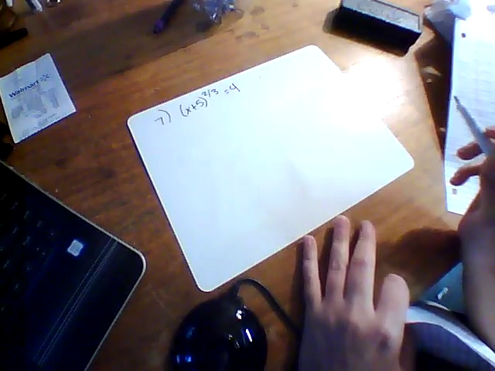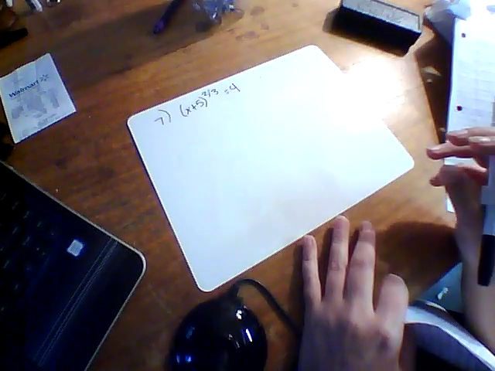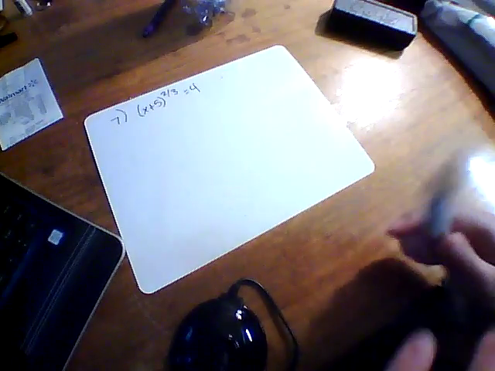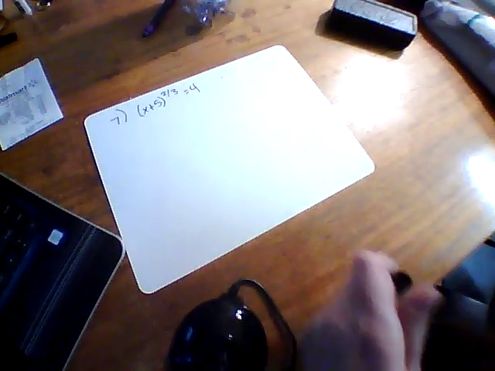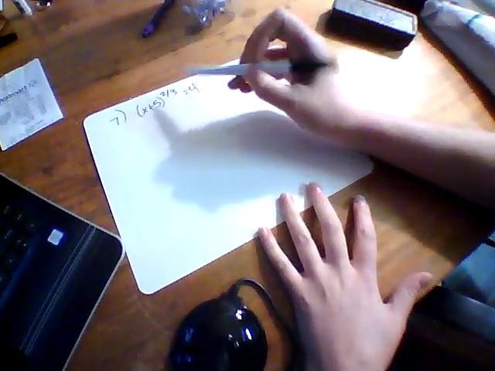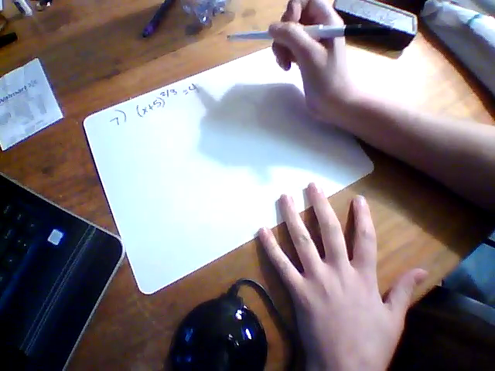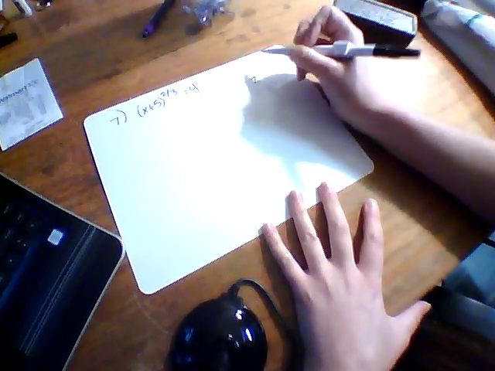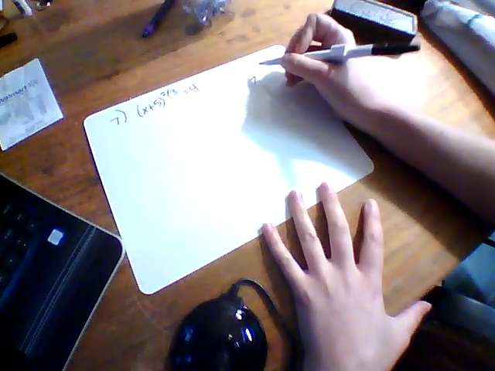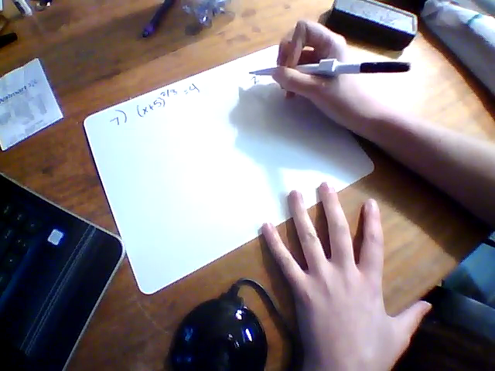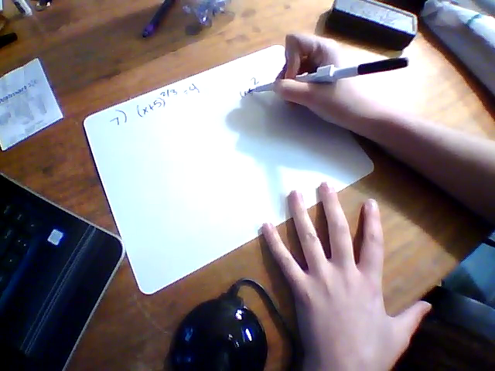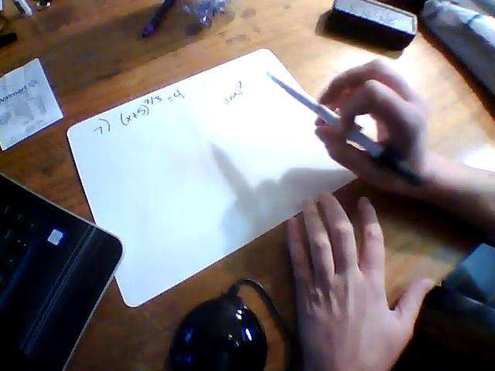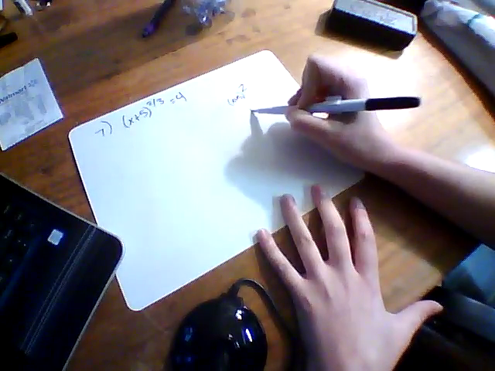So I'm going to explain, when we have the fractional exponent, the top looks like this: x plus 5 squared. The 3 is just a third.